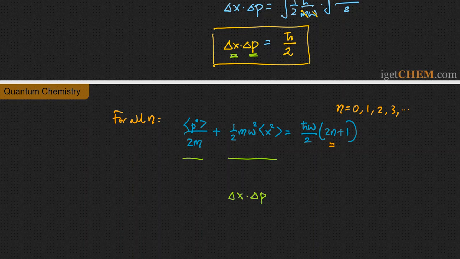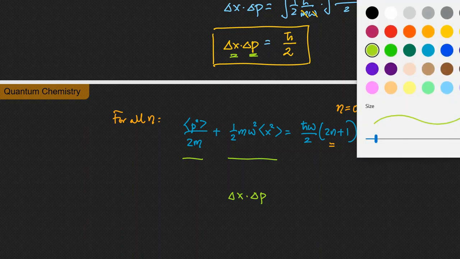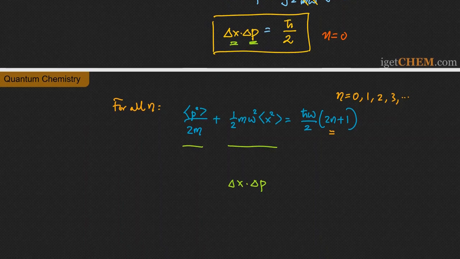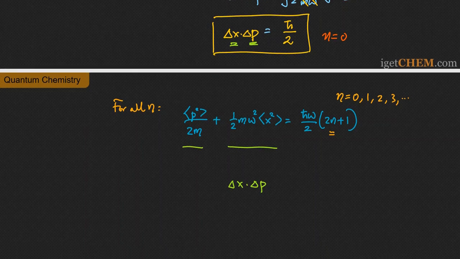The uncertainty in the measurement of the position and the momentum in the ground state, n equals 0, is h bar over 2, but for all the excited states it is actually worse, greater than h bar over 2.